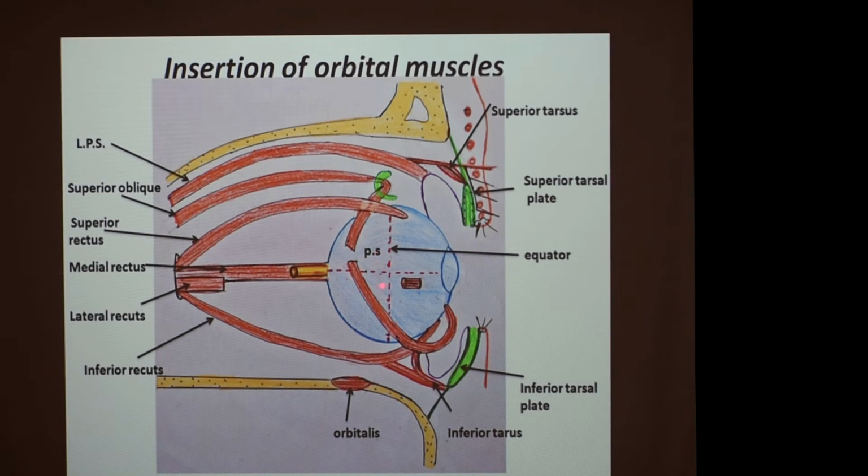This line is very important. Both the oblique muscles insert behind the equator of the eyeball, while all the four rectus muscles insert in front of the equator of the eyeball. So what is the insertion of the superior oblique? On the posterosuperior quadrant of the eyeball behind the equator.